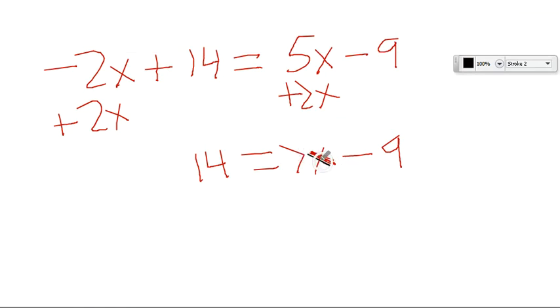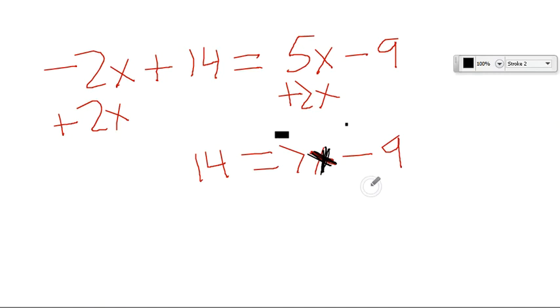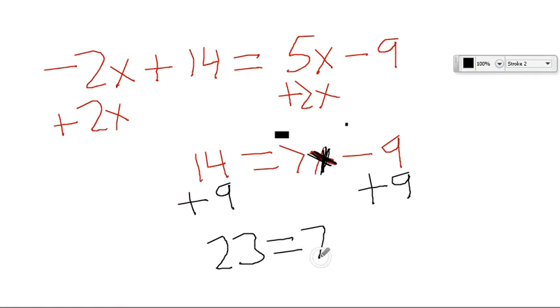So there's two things we have to get rid of in order for the x to be by itself. We have to get rid of the subtract 9. We also have to get rid of the multiplication of 7. So to get rid of the subtract 9, we're going to do plus 9 on both sides. 14 plus 9 is 23 equal to 7 times x.